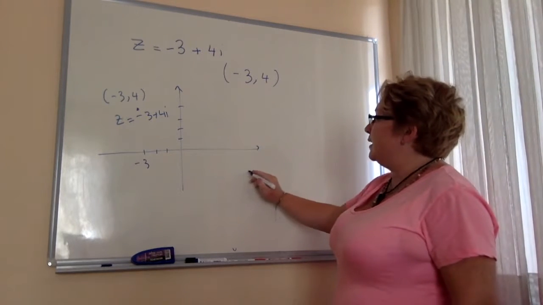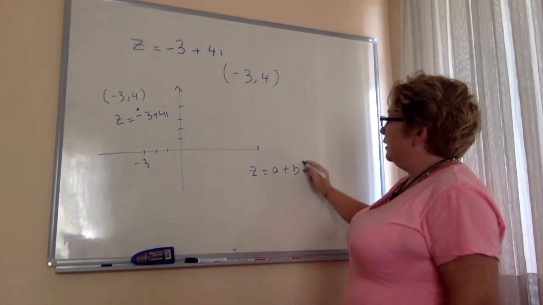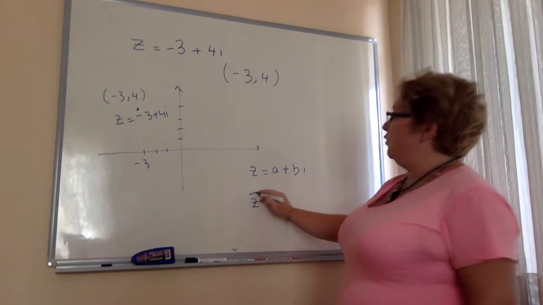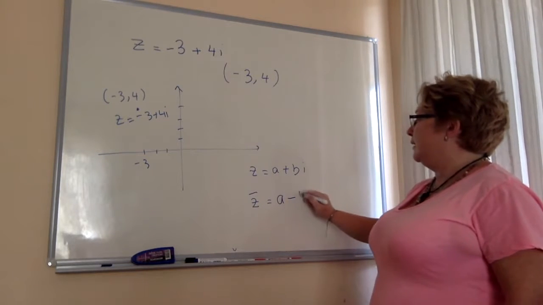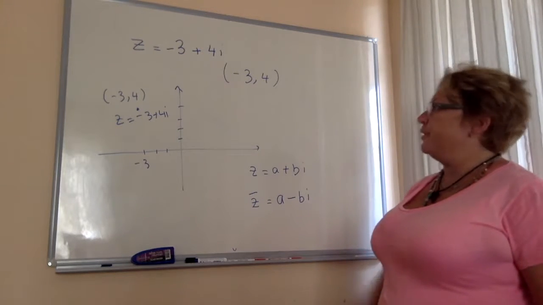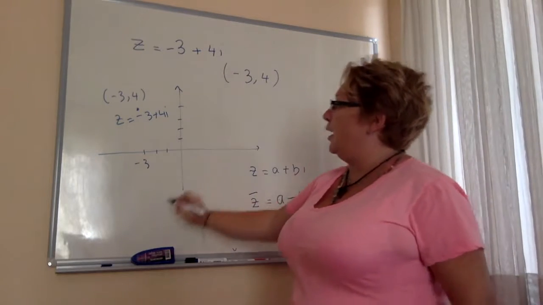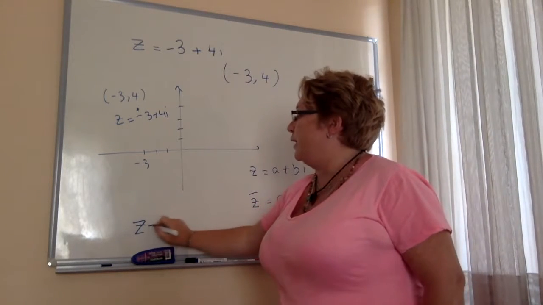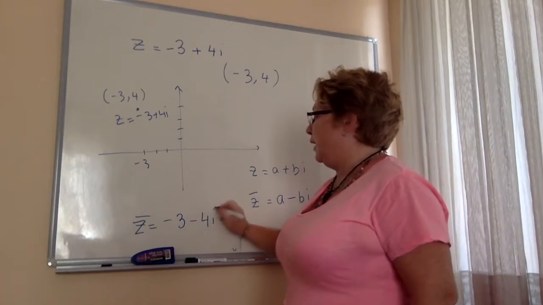The conjugate is defined as z with a bar over it, and what it does is simply negate the imaginary part of the complex number. So for this particular z, negative 3 plus 4i, the conjugate will be minus 3 minus 4i.